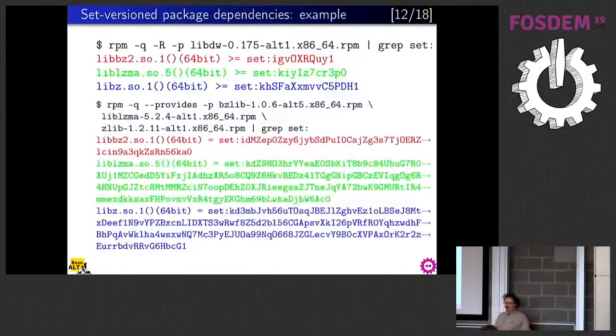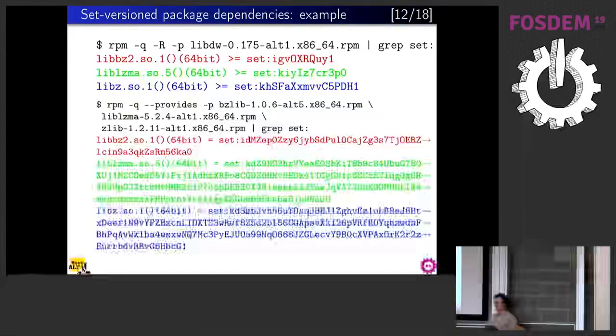Yeah, this is how they look in our system in practice. I've just taken an arbitrary package, libdwarf from elfutils. It depends on 3 libraries, and the set version dependencies look this way.